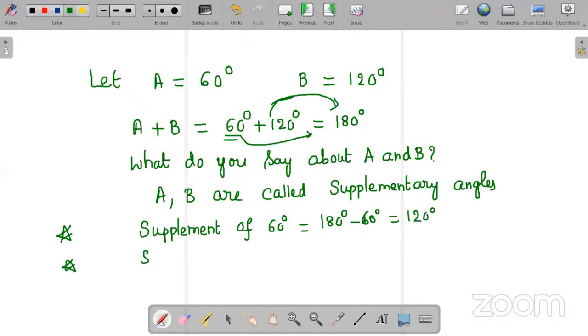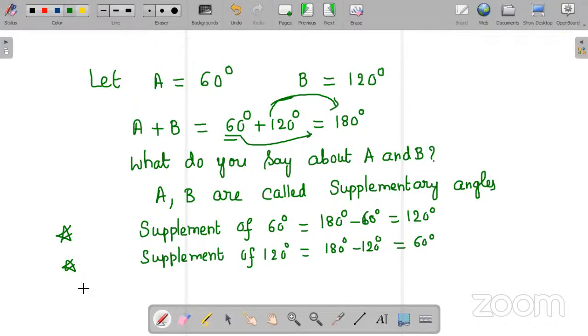So what is the supplement of 120 degrees? From 180 subtract 120, you will get the supplement of 120. That is how much? 60 degrees. Very good, not 50 degrees, 60 degrees, Nana.